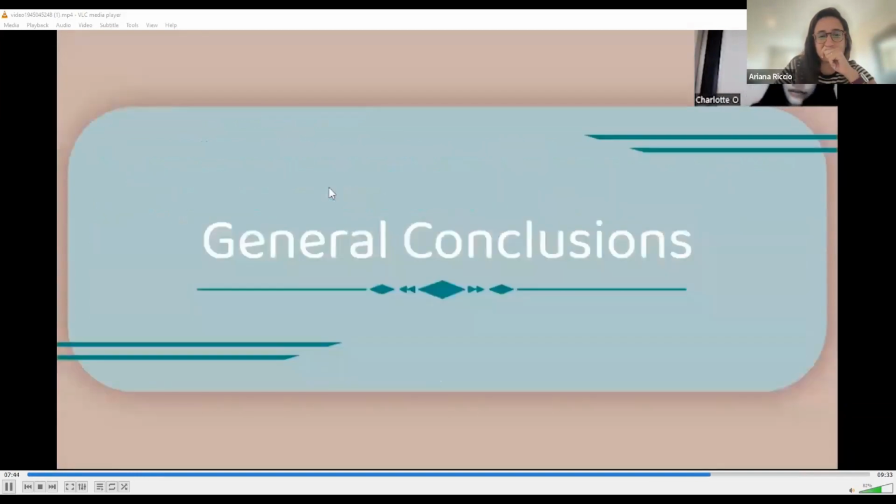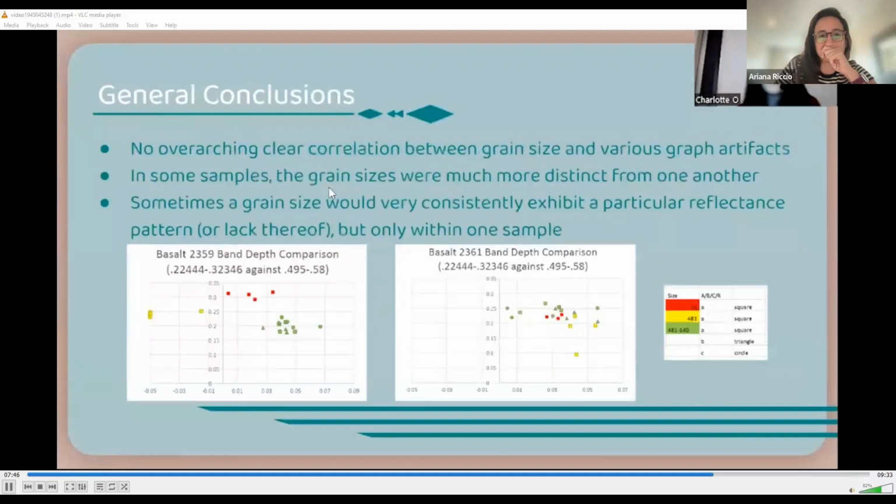So here are some general conclusions. There's no overarching clear correlation. It seems like this is kind of a null result. Sometimes a grain size would very consistently exhibit a particular reflectance pattern or lack thereof, but only within one sample. You can see here, the biggest size for basalt's 2359 band depth very consistently didn't have a band.